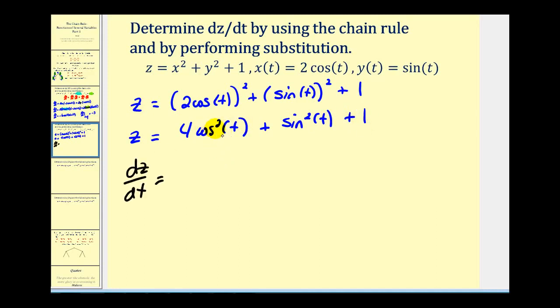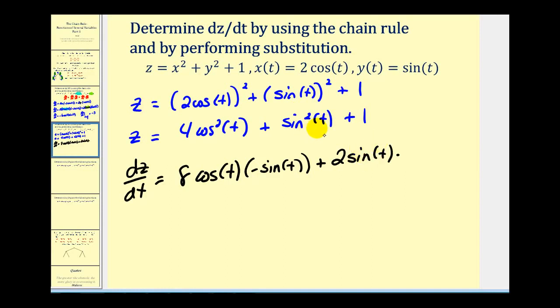We're going to have to apply the chain rule here. Multiply by 2. That's going to be 8 cosine t times the derivative of cosine, which is negative sine t, plus the derivative of sine squared t, which is 2 sine t times the derivative of sine t, which is cosine t.